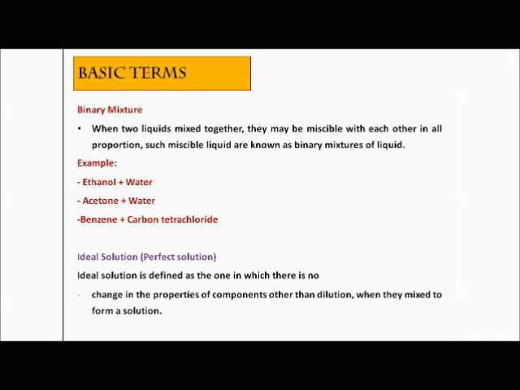Suppose I have one liquid A and liquid B. Upon mixing liquid A with liquid B, no change takes place other than dilution. Liquid A will just mix with liquid B, but there will be no change in the properties of the components, right? This is known as the ideal solution.